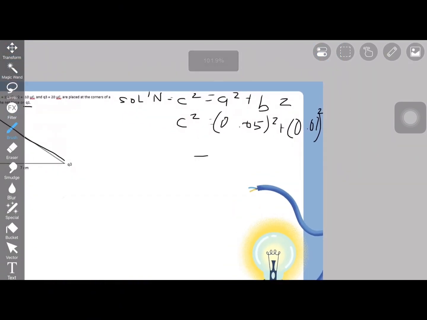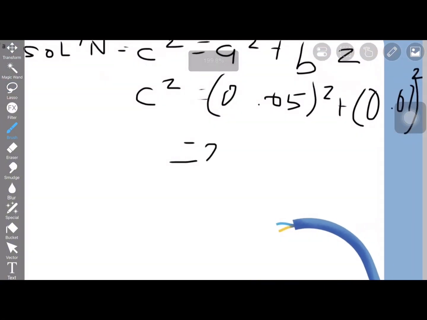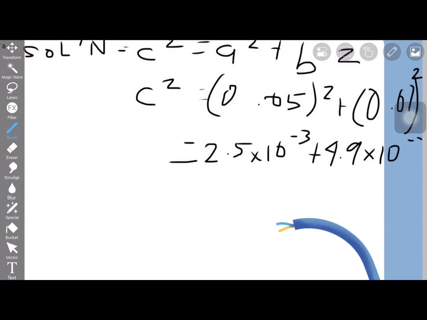Next, we would just need to simplify all of this. So this would equate to 2.5 times 10 to the negative 3 plus 4.9 times 10 to the negative 3 as well.